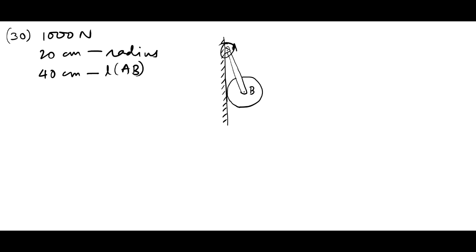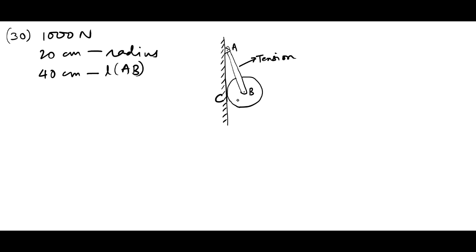And these pin joints are given to be smooth, so they can't exert any friction. And what are you supposed to find? So you're supposed to find what is the tension in this particular rod, and secondly you have to find what is the reaction of the wall at point C, that's point C, and what is the force exerted by the wall on the roller at point C. These two forces you have to find.